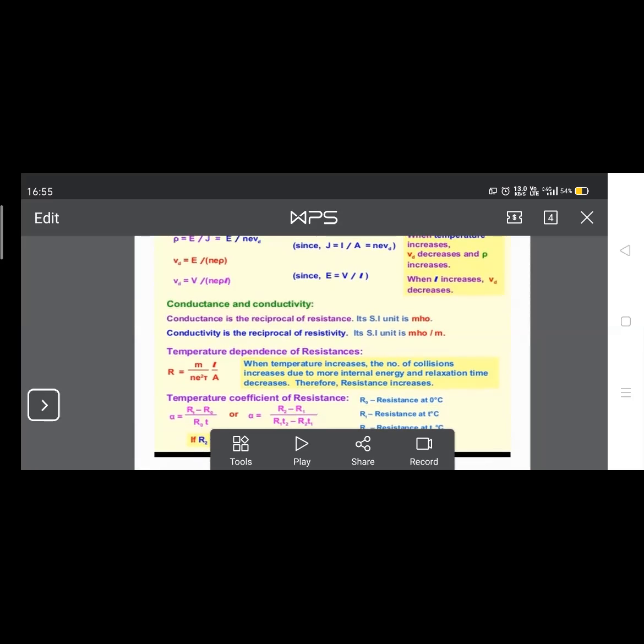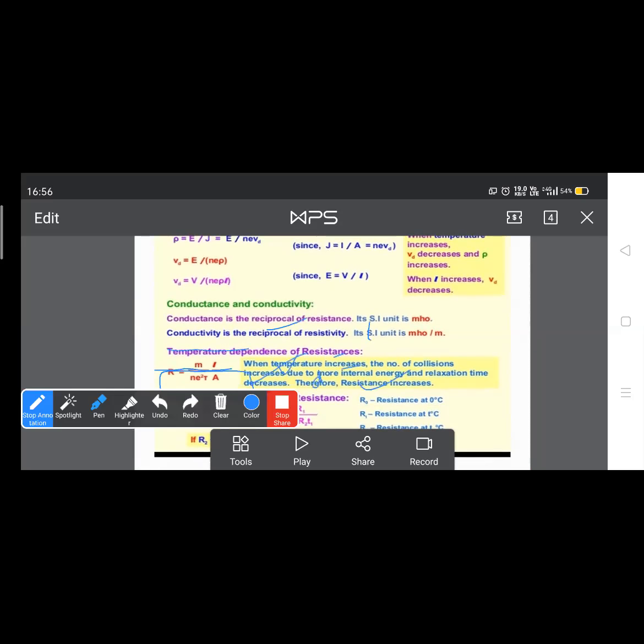So conductivity is the reciprocal of resistivity. The unit of resistivity is ohm meter, and the reciprocal of resistivity is conductivity, so the unit of conductivity is mho per meter, right? Okay.